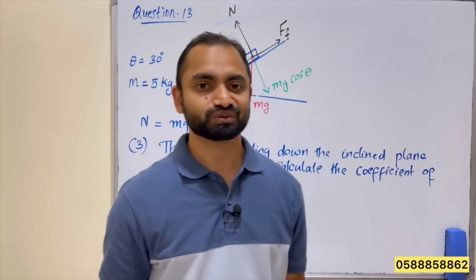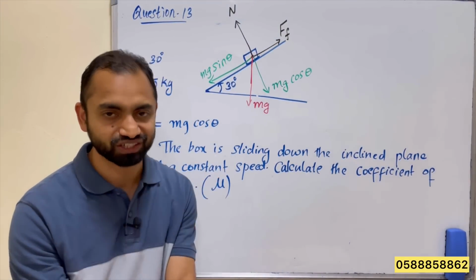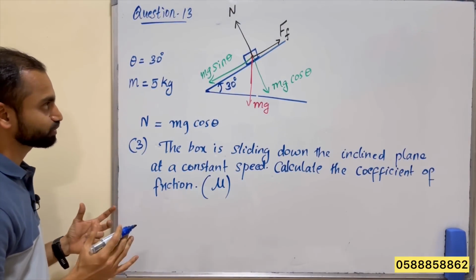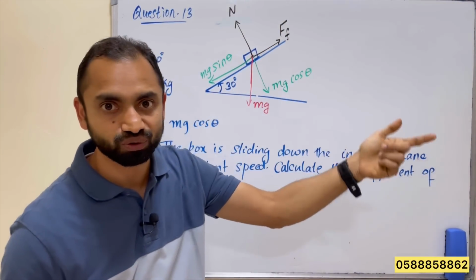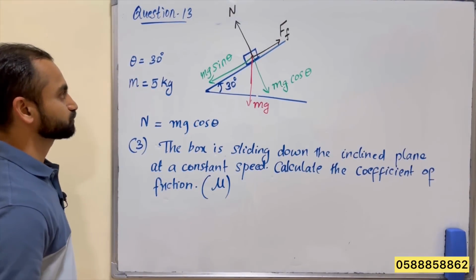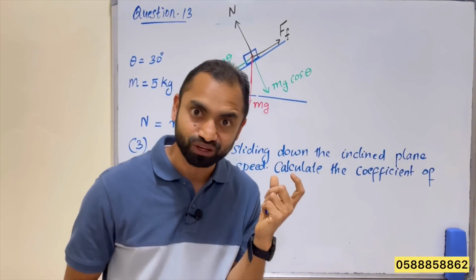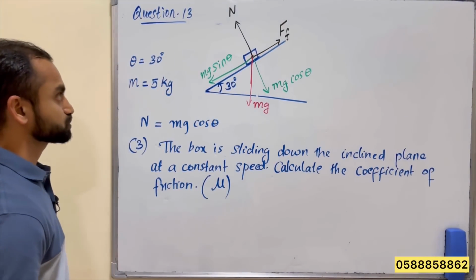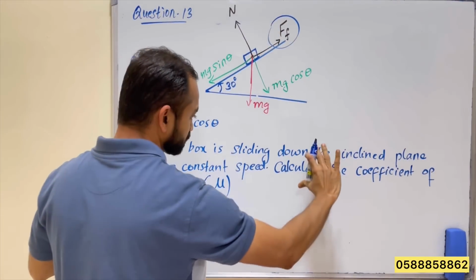While discussing the questions from friction, we have discussed you can calculate the coefficient of friction only if you know the value of the frictional force. So to calculate the coefficient of friction, first you have to know the value of the friction, but that is not given in the question.